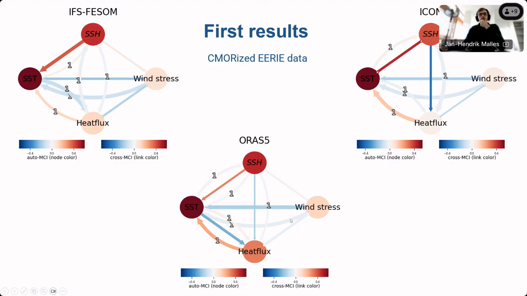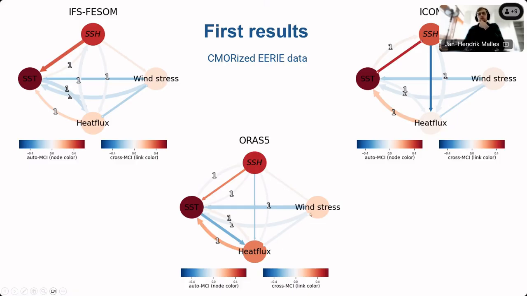And one link that is very persistent across all scales, which I will also show you in a minute, is this link here between wind stress and SST. So this is probably related to evaporative cooling and mixing of the upper ocean due to the wind stress.